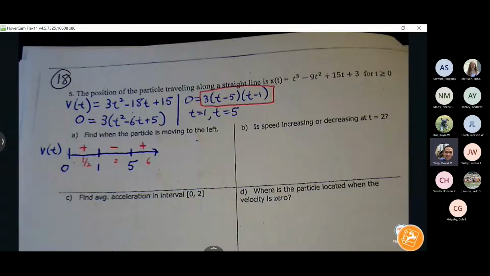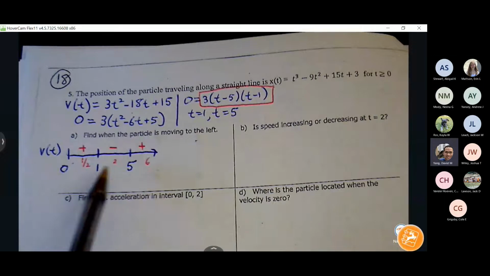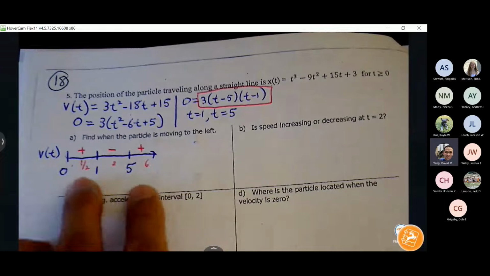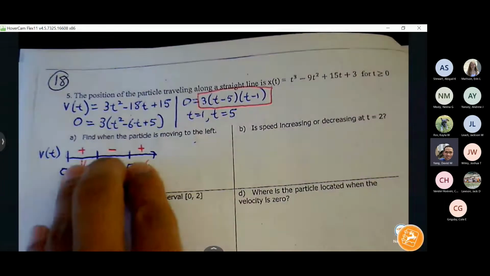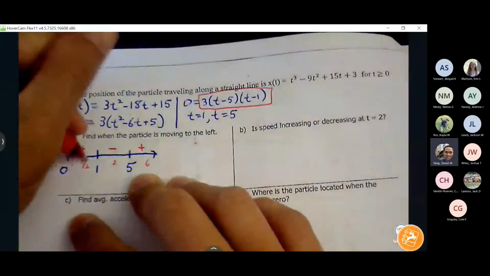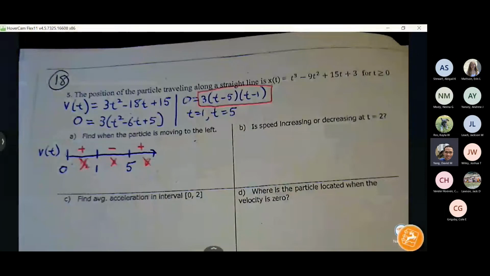Okay, so I see students on the quiz, they did everything right here, but then they wanted to involve the 1/2, 2, and 6 somewhere else in their answer. So just know that the only purpose of the 1/2, 2, and 6 is just to fill the sign line. After that, it serves no purpose at all, and you don't want to use these numbers ever again. If anything, you're only going to use 0, 1, 5, and infinity. Those numbers are just to get the signs going, and we don't really care about those numbers anymore.